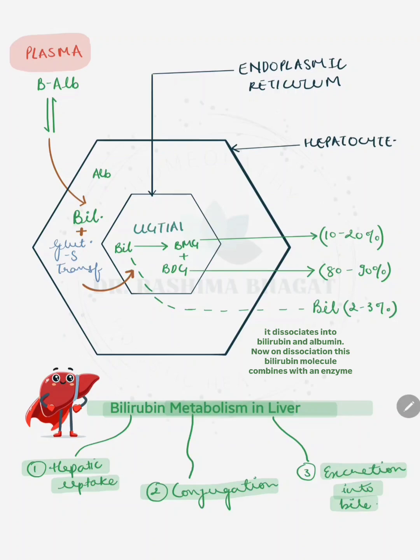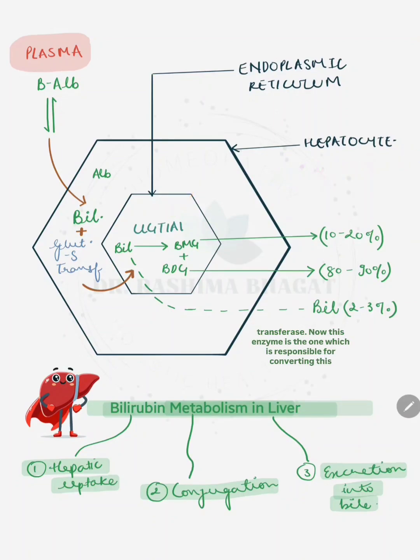On dissociation, this bilirubin molecule combines with an enzyme known as glutathione transferase, which is a very important enzyme because it prevents the moving out of bilirubin from the hepatocyte. So, in a way, it traps the bilirubin molecule inside the hepatocyte once it has entered. Once this bilirubin has entered the endoplasmic reticulum of the hepatocyte, it is acted upon by a very important enzyme known as UDP glucuronyl transferase.